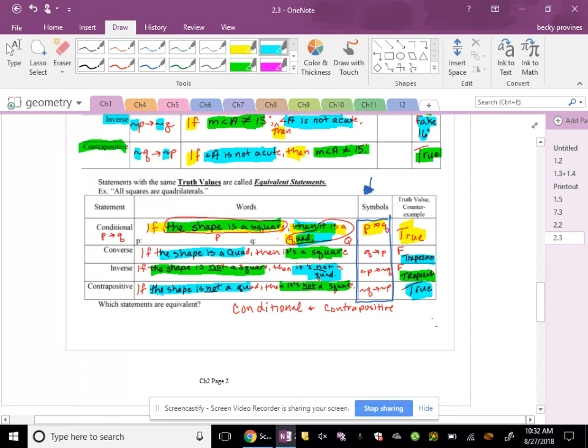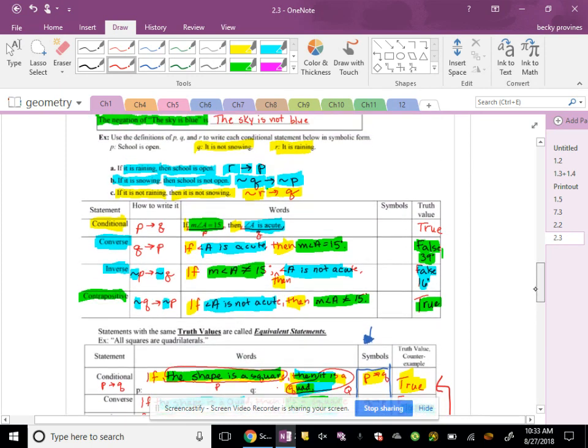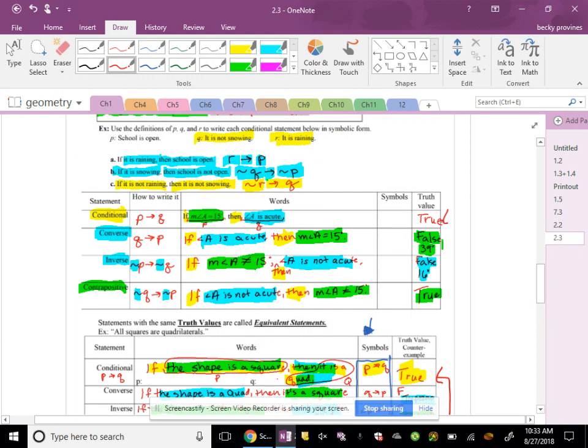So something I want you guys to look at. What statements are equivalent, which means which statements are the same? All right, on this one, wasn't it the first one and the last one, the conditional and the contrapositive? Let's go up here. Is the same thing true?